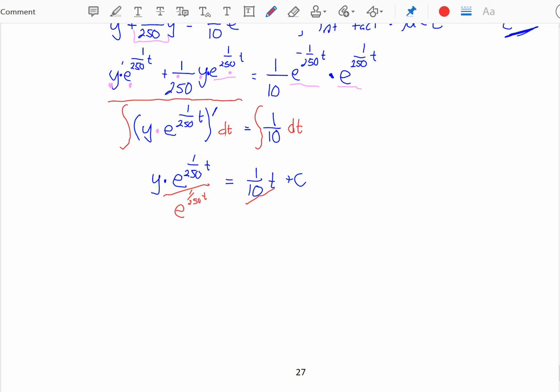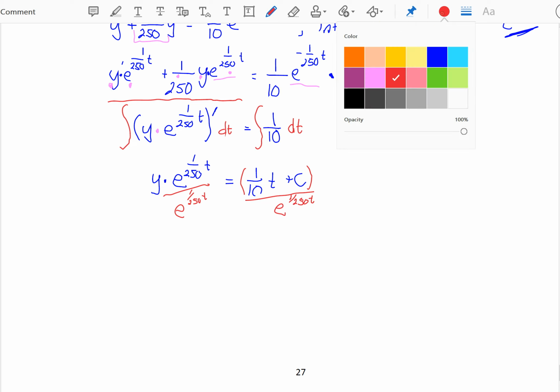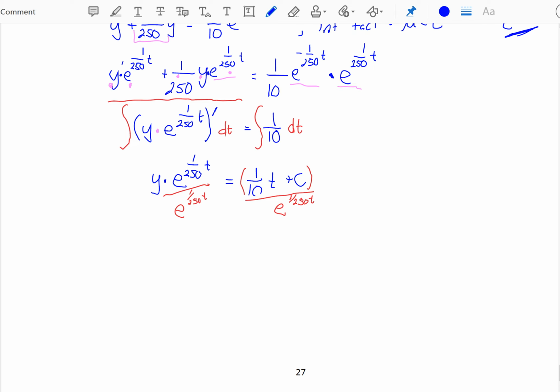And I'm thinking about how I want to divide the right-hand side. I'm actually thinking it'd be nicer, rather than dividing each fraction or each thing individually, I'm going to just divide the entire right-hand side by e to the 1/250th. This is a little bit different than how I've done some of the problems in the past. I'm just kind of trying to anticipate what'll be the best form.